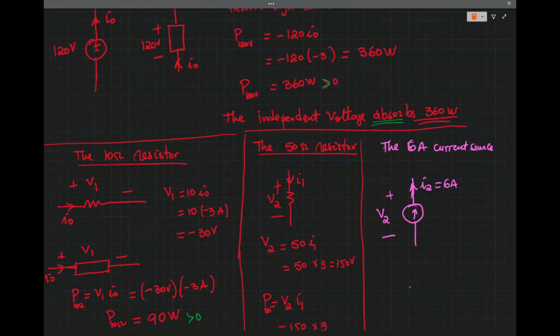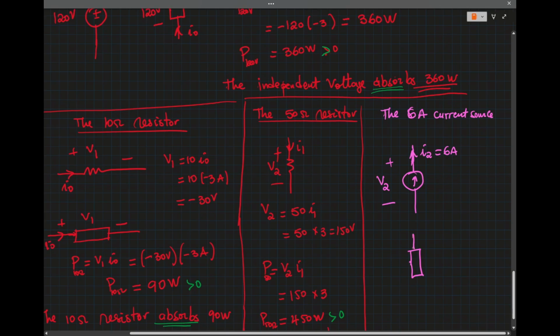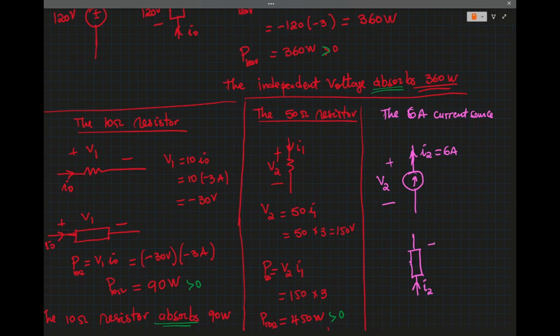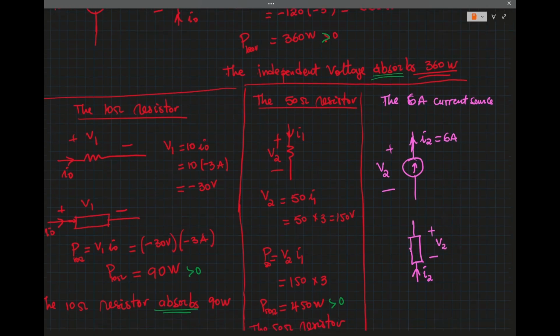So if I look at it as a component, we have I2 going this way, and the voltage is like that.